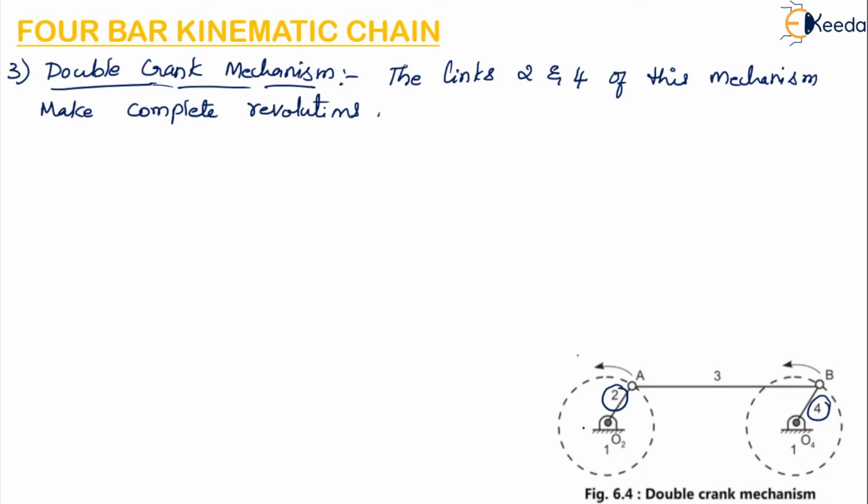In this mechanism, the lengths of link 2 and link 4 are equal. The lengths of link 1 and link 3 are also equal.